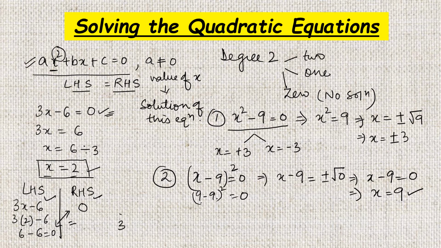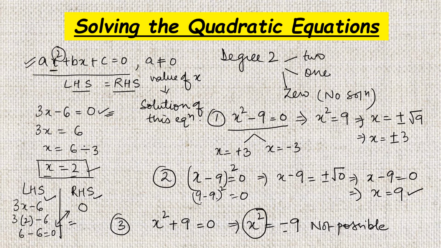Third case, when we don't have any solution at all. Consider this equation, x square plus 9 equal to 0. If I solve it, x square is equal to minus 9. Can this be possible? It's not possible in real number system, of course, because the square of any number cannot be negative.